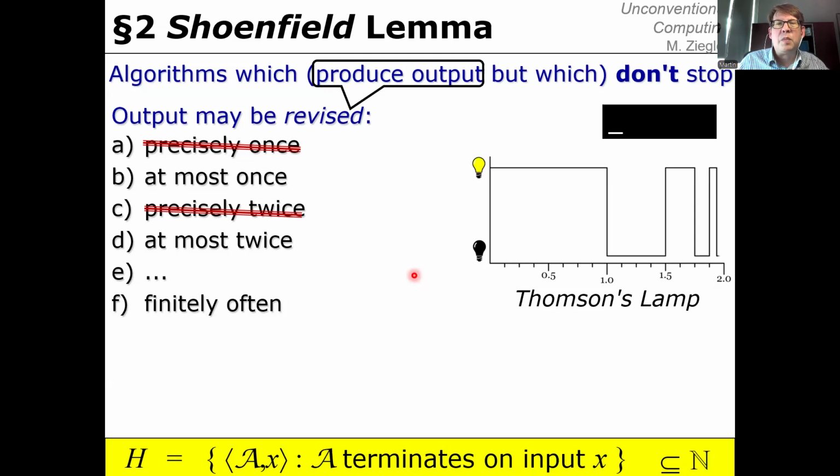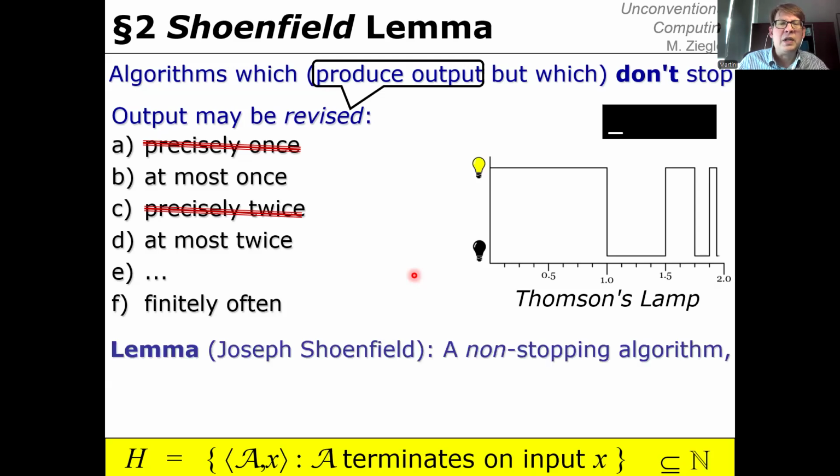And the computational power of such a non-terminating algorithm allowed to make up to k revisions has been characterized by Joseph Schoenfeld. This is a classical theorem. Historically, it's called a lemma, but it's a theorem in traditional computability theory, one of the topics that I cover in my shameless cross-promoted class, CS422 theory of computation.